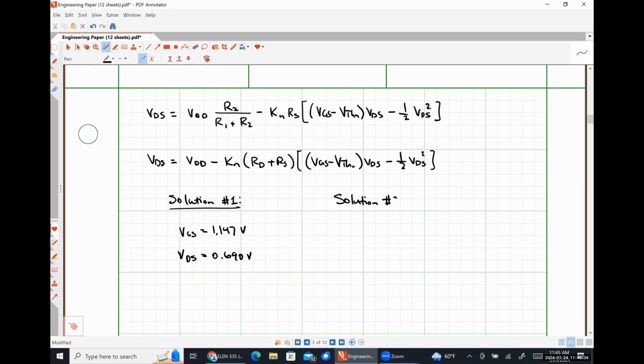And then over here, we have solution number two, where we get VGS equal to 1.278 volts and VDS is 1.738 volts. Which of these is the right solution?